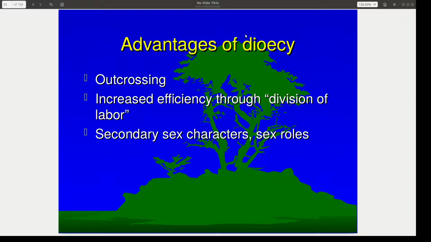That there might be physiological conflict or anatomical conflict or behavioral conflict. So if you want to optimize your mating success through the male function, the optimal design might be to eliminate the female function and just focus on the male function, and also vice versa. So those are the two main advantages. It's easier to optimize and specialize a body form for a sexual function if the two are separate. And the other advantage is the outcrossing advantage.